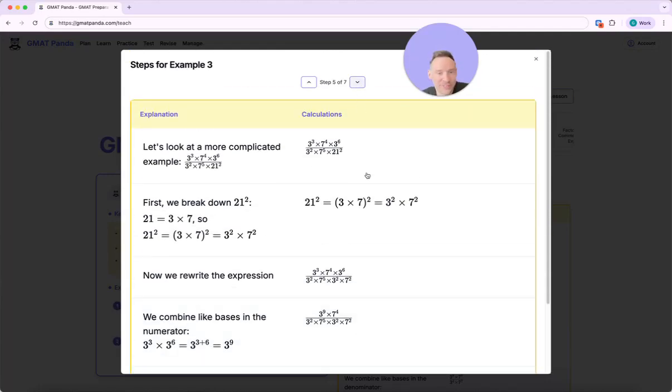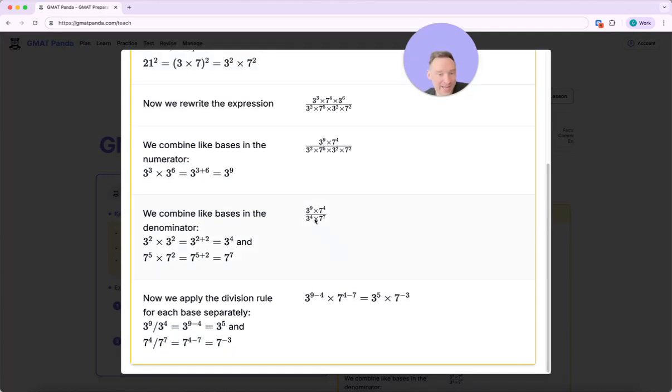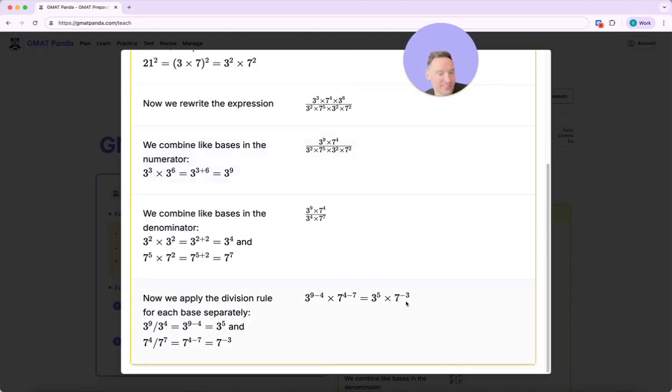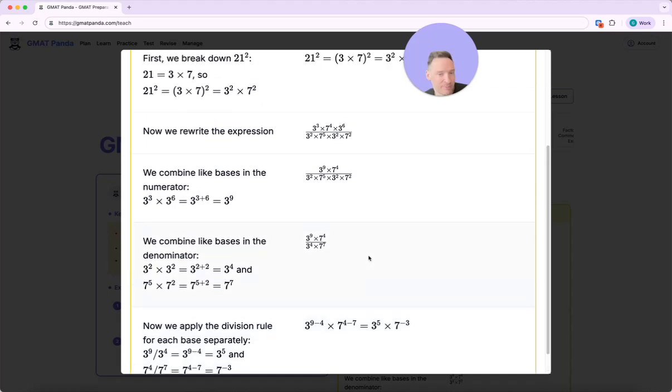We haven't quite finished this one, because at the end, we've got some 3s at the top and 3s at the bottom, and now we're using the dividing rule. We've got 9 3s at the top, 4 at the bottom. So we do 9 minus 4 on the 3s, and we do 4 minus 7 on the 7s. So we're left with 3 to the power of 5 times 7 to the power of minus 3.